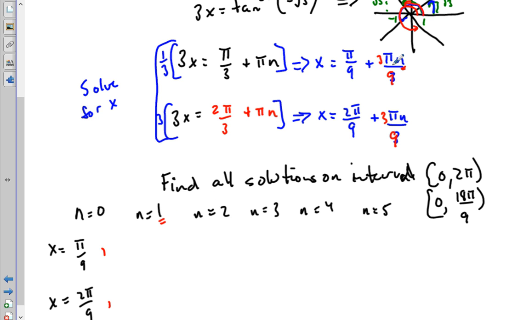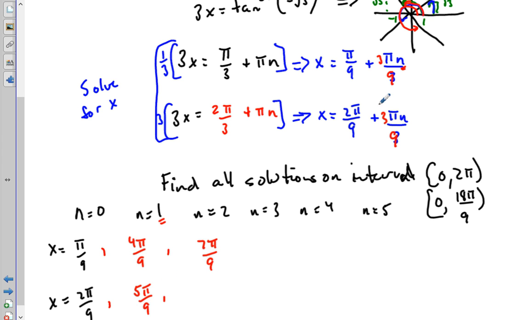So we have 3 pi plus 1 pi is 4 pi over 9. Plugging a 1 in here, 3 plus 2 is going to be 5 pi over 9. Go to the next one.